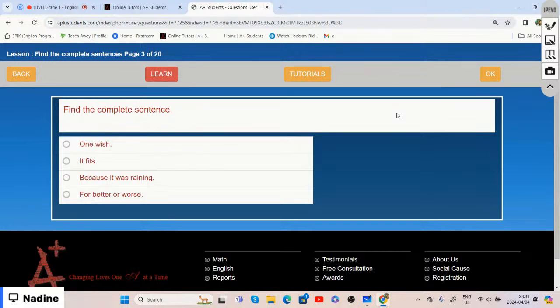So if we were to find the complete sentence, is it one wish? It fits because it was raining, or for better or worse. We need to say which one is a complete sentence.